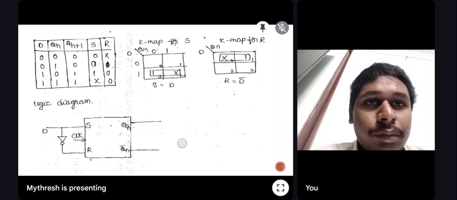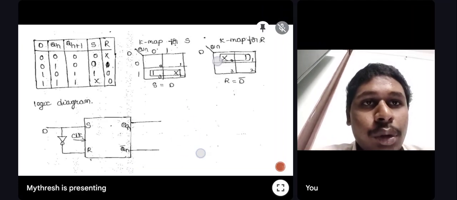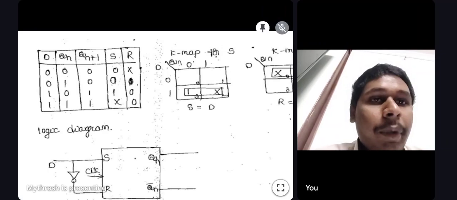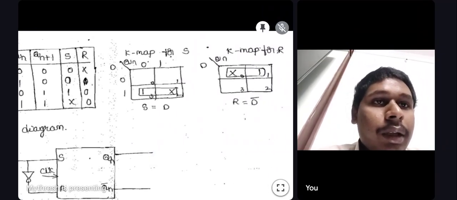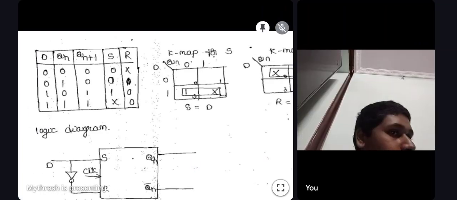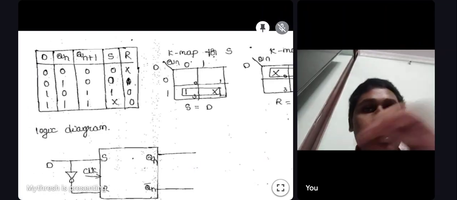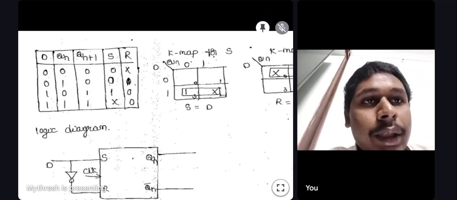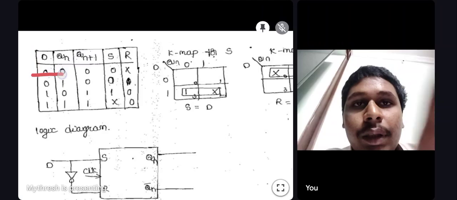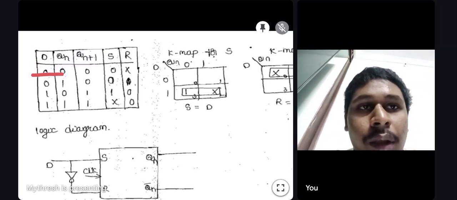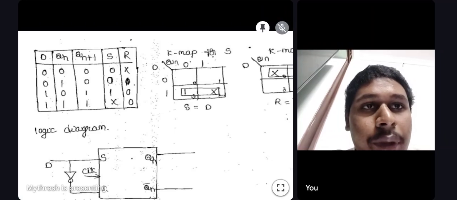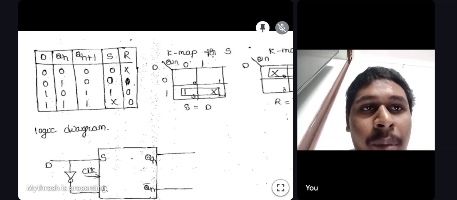From this table we will write the K-maps. We have to do K-maps to get the S and R values, so we can convert them. For getting S, we do a K-map.